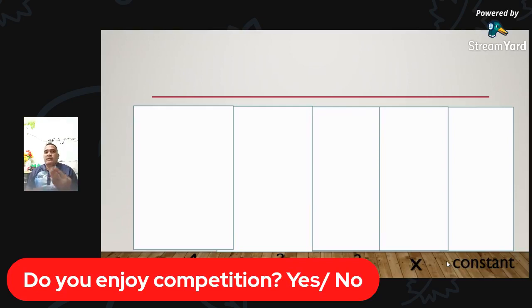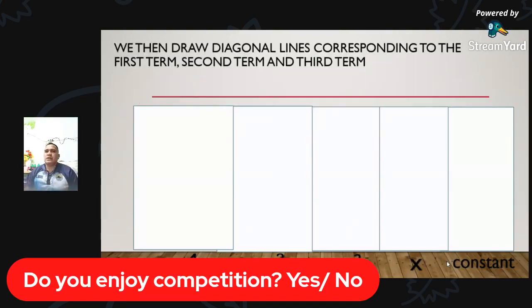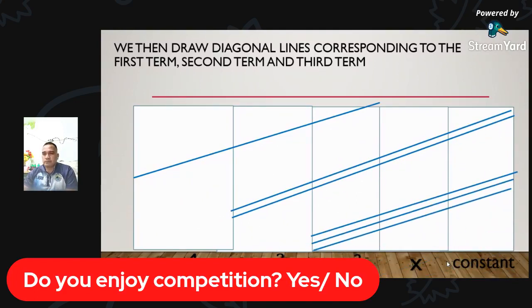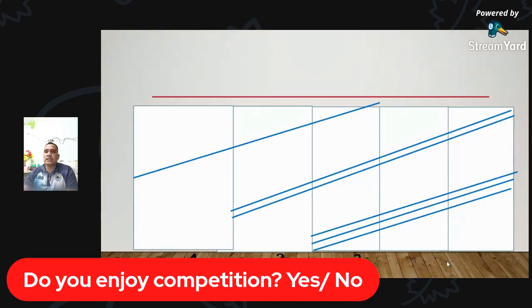Why? We have x to the fourth, x cubed, x squared, x, and last we have the constant. So that's why we have 5 regions. We then draw diagonal lines corresponding to the first term, second term, and the third term, or the constant. First, we have 1, 2, 3, so we have x squared plus 2x plus 3.